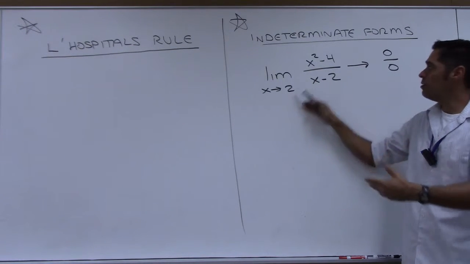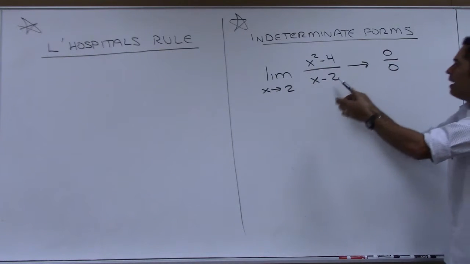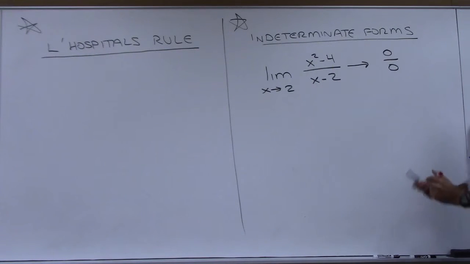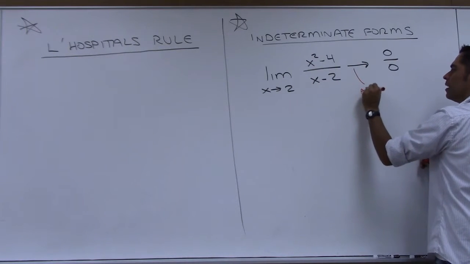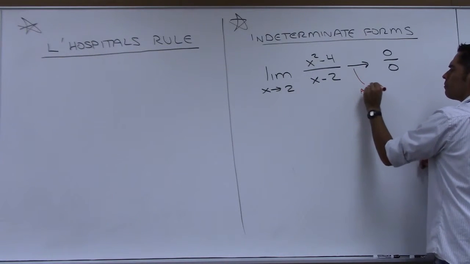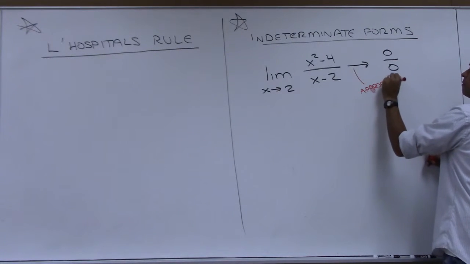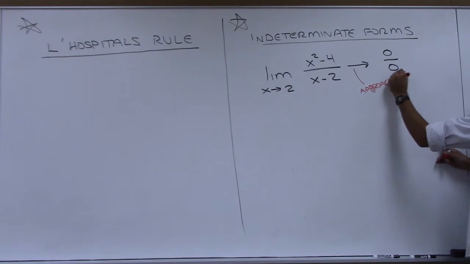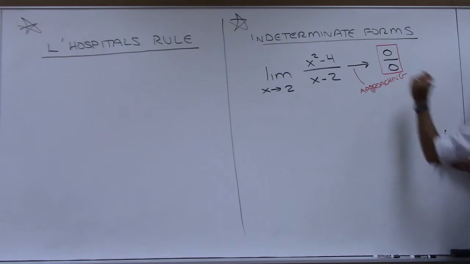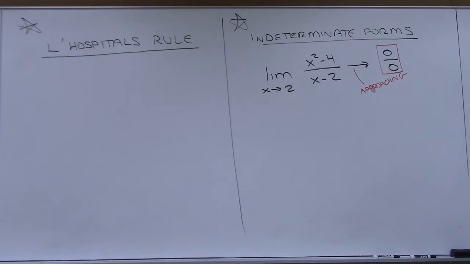If we approach 2, the top approaches 0, and the bottom approaches 0. So this little arrow really indicates that we are approaching this, right? So this right here, 0 over 0, is what we call an indeterminate form.